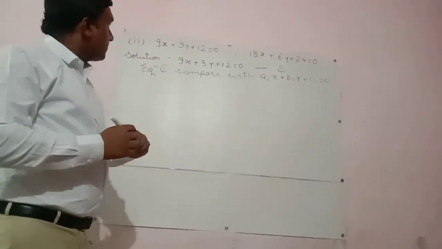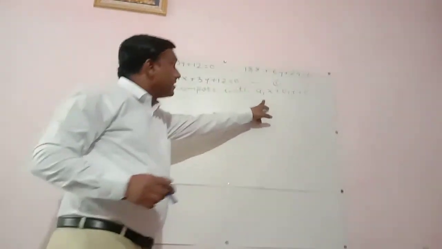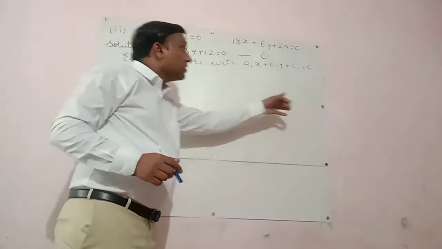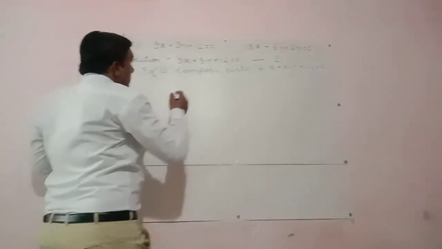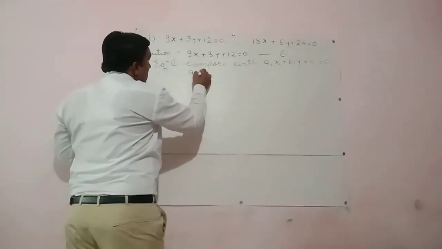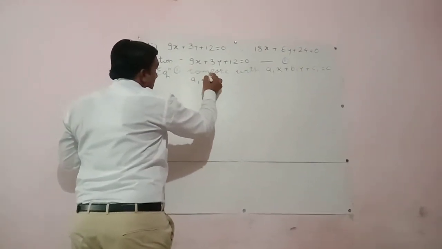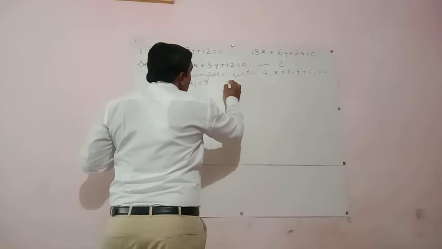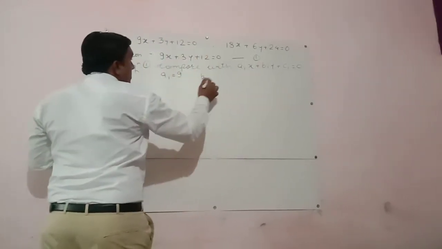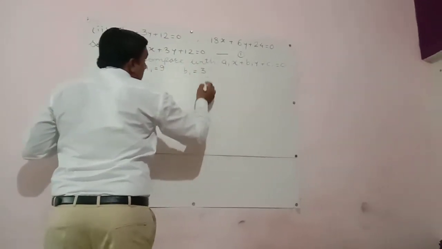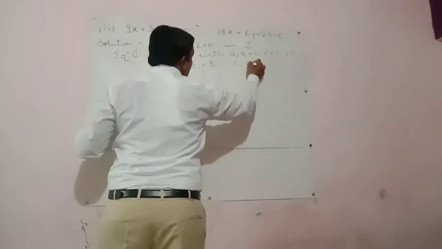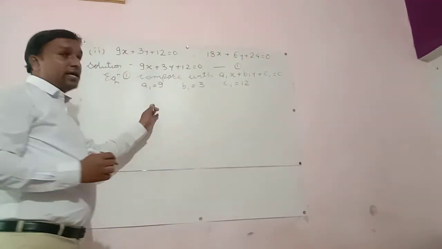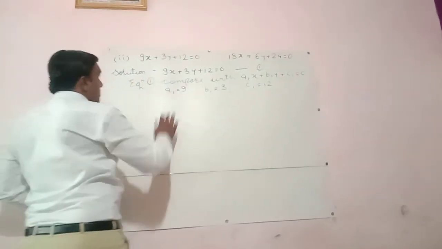If we observe, when we compare a1x plus b1y plus c1 with 9x plus 3y plus 12, we get a1 as a coefficient equal to 9, b1 as a coefficient equal to 3, and c1 as a constant, that is 12. So we get all the coefficients.